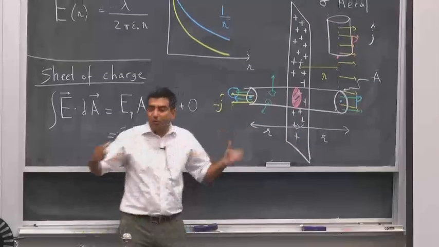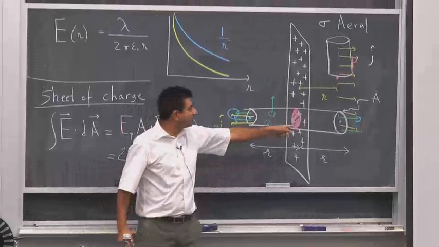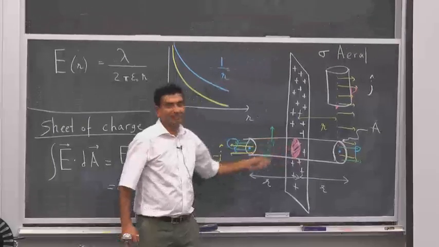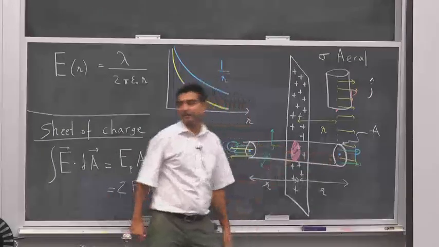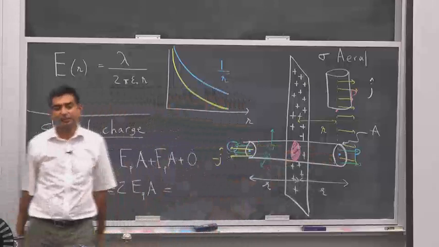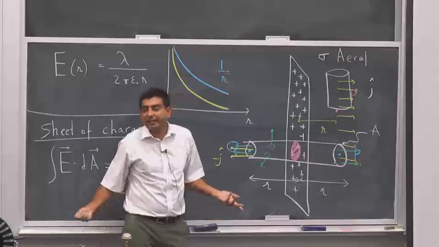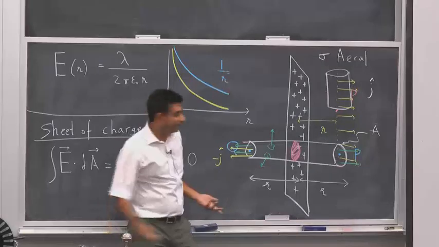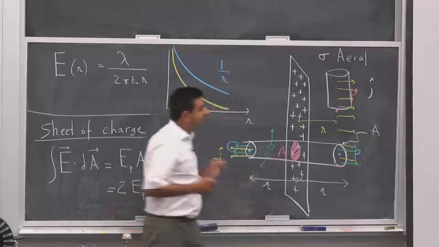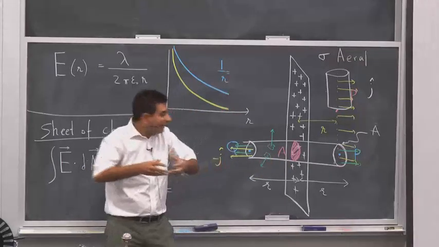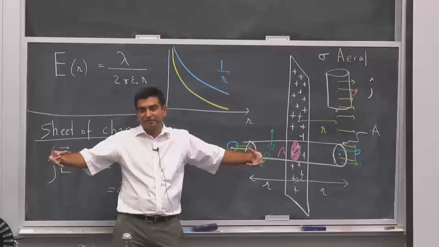The only area that's enclosed is this circle, which is of the same size as the end caps. Everything else is outside. So what's the area of this shadow of the end caps? It's again capital A, because I've drawn the cylinder fortuitously so that it's normal to the infinite sheet.